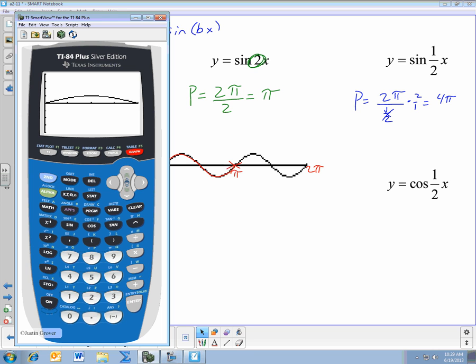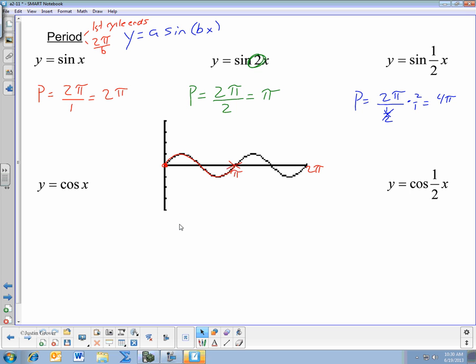And so our frequency is a half. We only have half the cycle. And so if half the cycle is complete at 2 pi, then your full cycle would need double that, so the full cycle would end at 4 pi. And so when your frequency is a half, your period is 4 pi.